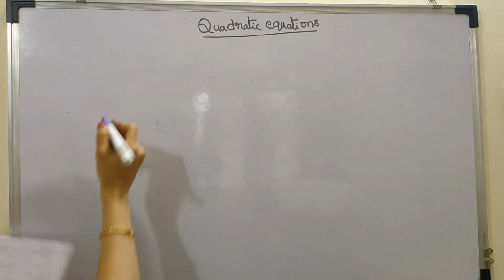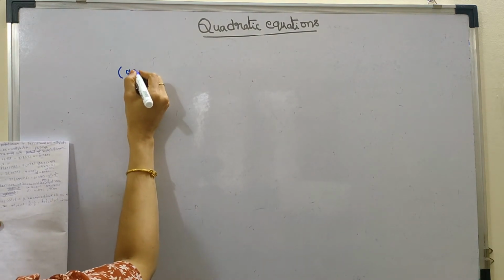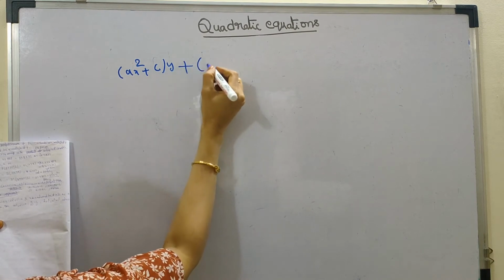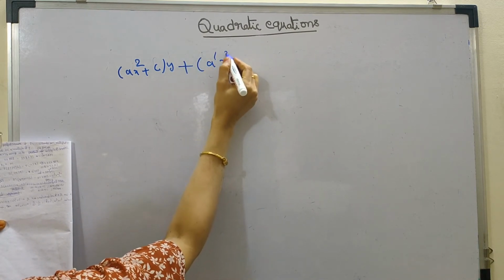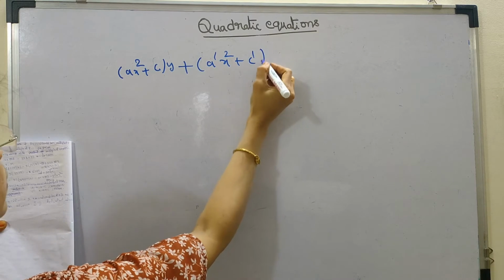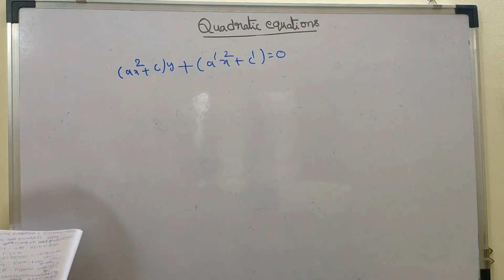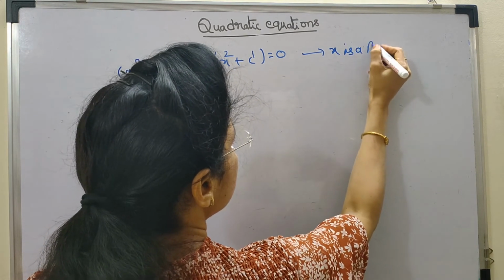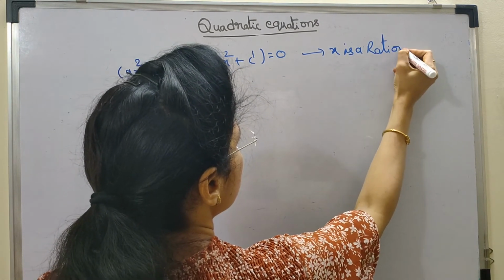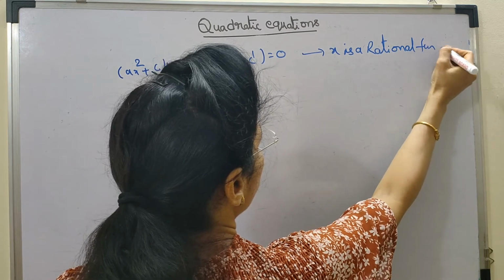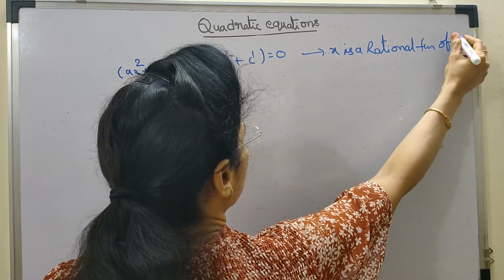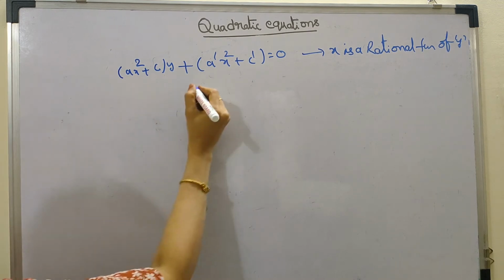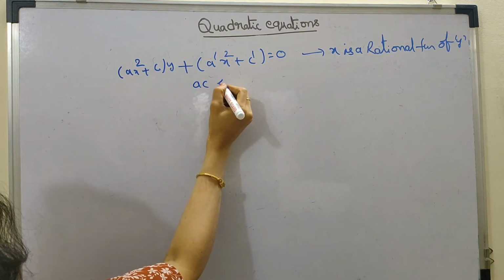For this, if ax square plus c into y plus a dash x square plus c dash is equal to 0, here x is a rational function of y, and one more condition is ac is negative.